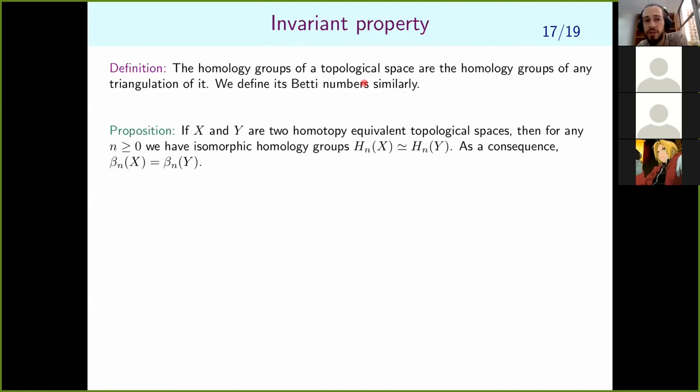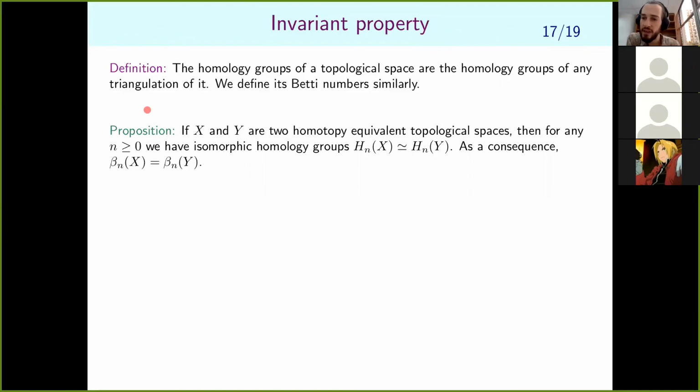Take a topological space, take a triangulation of your topological space, that is a simplicial complex that is homeomorphic to your topological space, and say that the homology groups of your topological space are, by definition, the homology groups of its triangulation. Okay?